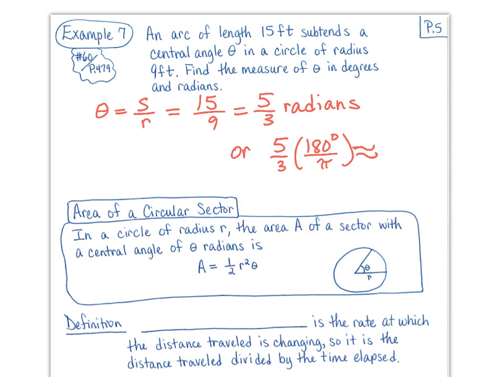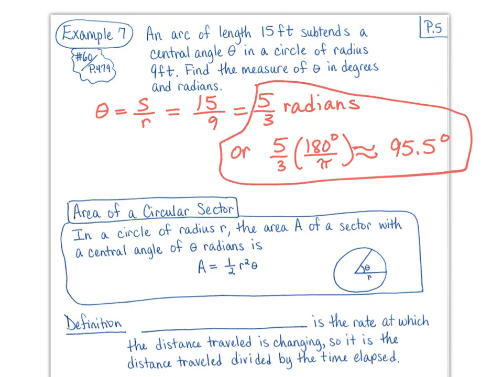You have 5 over 3 times 180 over pi. 95.5 is what you should have. Good. 95.5 degrees. So you have 5/3 radians or 95.5 degrees.